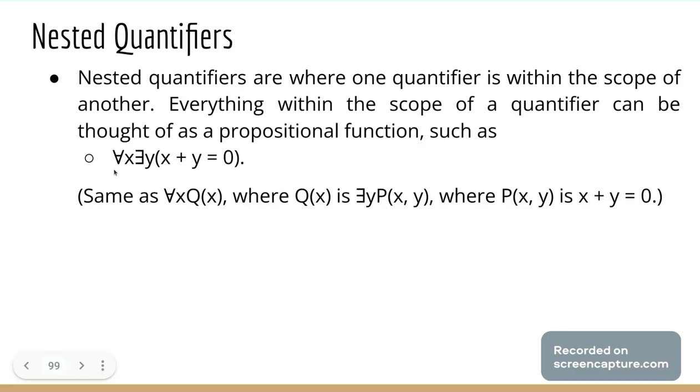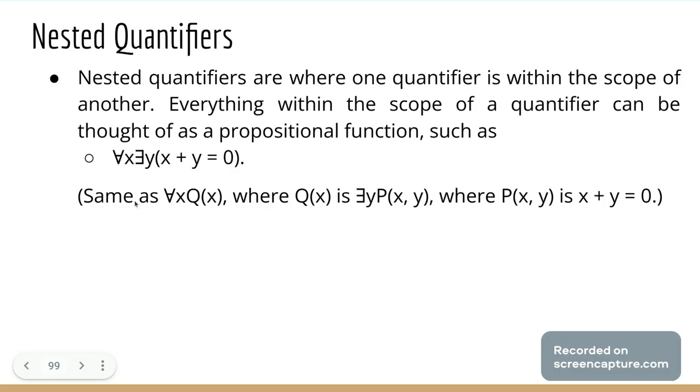If we look at there exists y, x plus y is equal to 0 as Q(x), then this statement will be for all x Q(x), where Q(x) is another quantifier statement, which is there exists y P(x, y), which is a predicate or logical expression, where P(x, y) is x plus y is equal to 0.